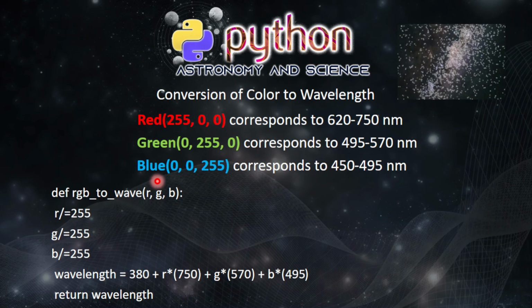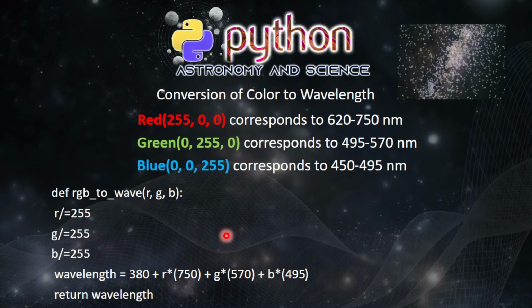At first, we need to get the ratio for each channel, meaning that the red ratio is the value of red within the color vector that we have, divided by the maximum, which is 255. Same thing for green and blue. And then we multiply each ratio by the maximum of its corresponding wavelengths. So R divided by 255, we multiply it by 750 nanometers.